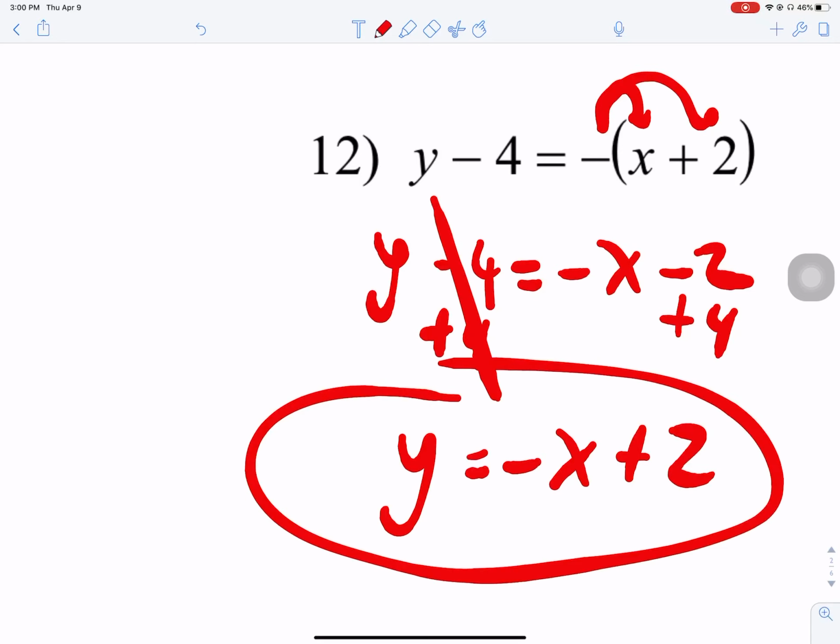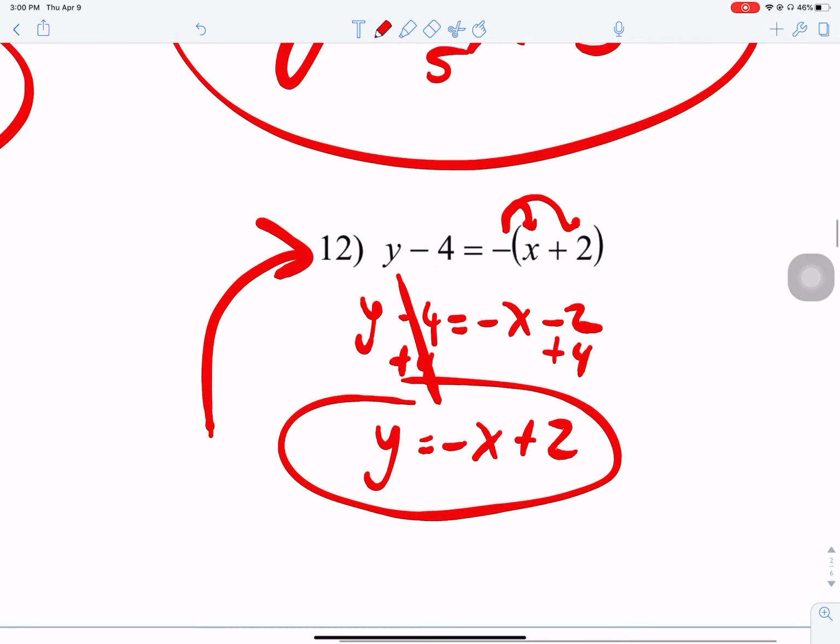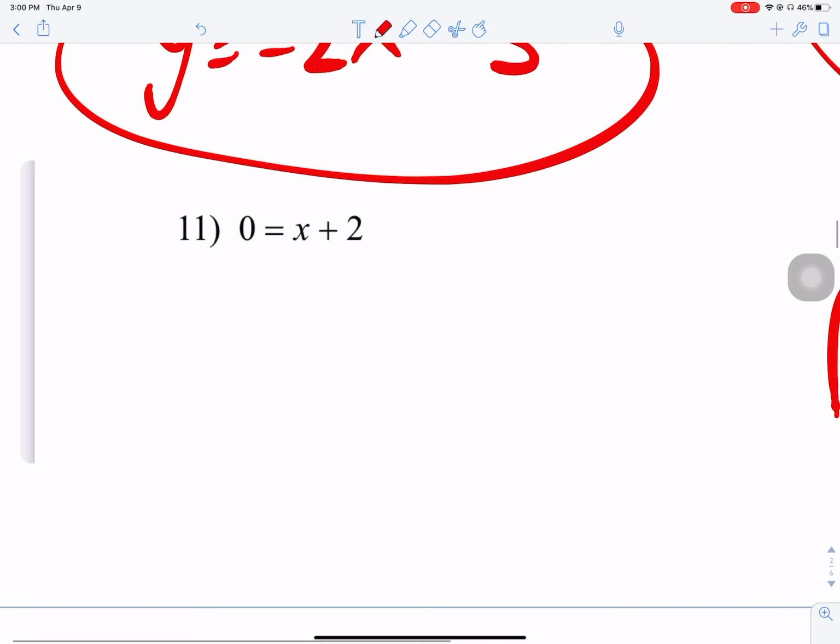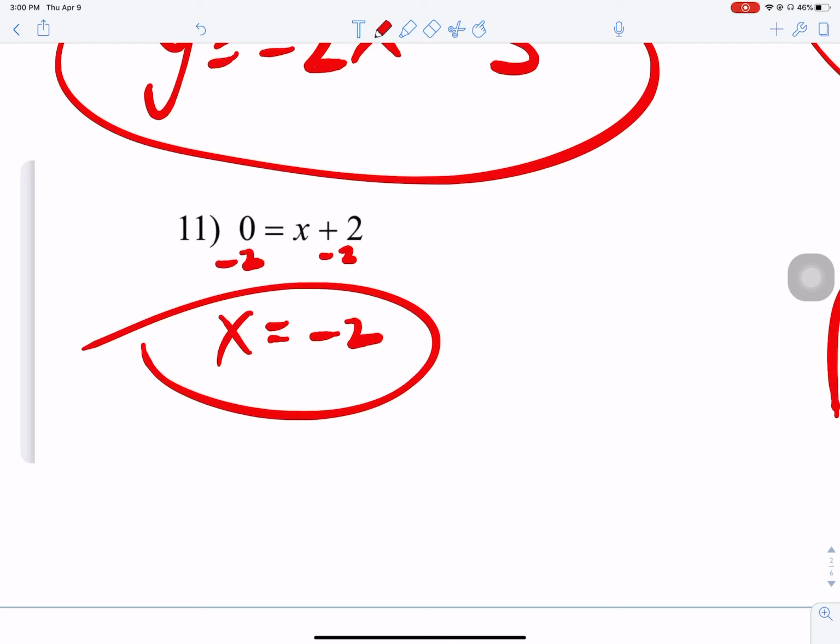There's my slope intercept form, but that right there was point slope. And here we could just subtract 2 if you want. So x equals negative 2, which, in case you're wondering, is going to make a straight line going down right at negative 2.